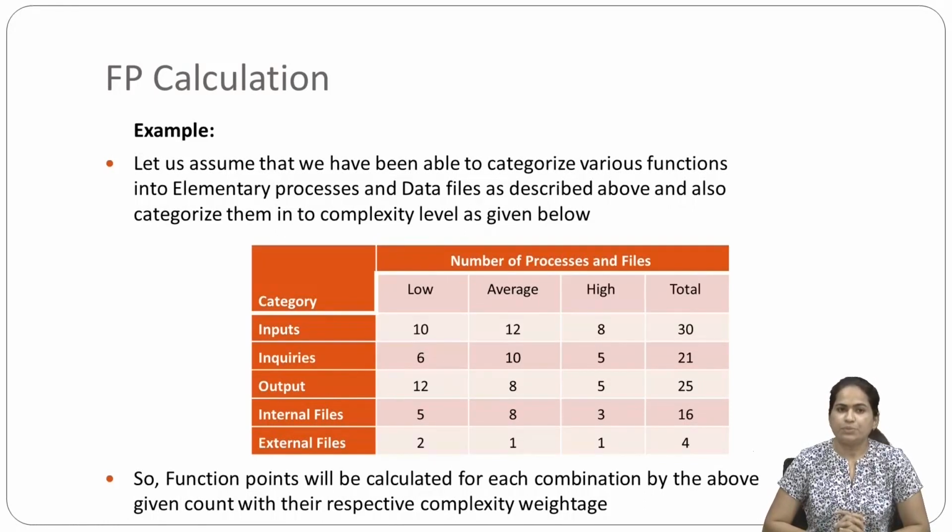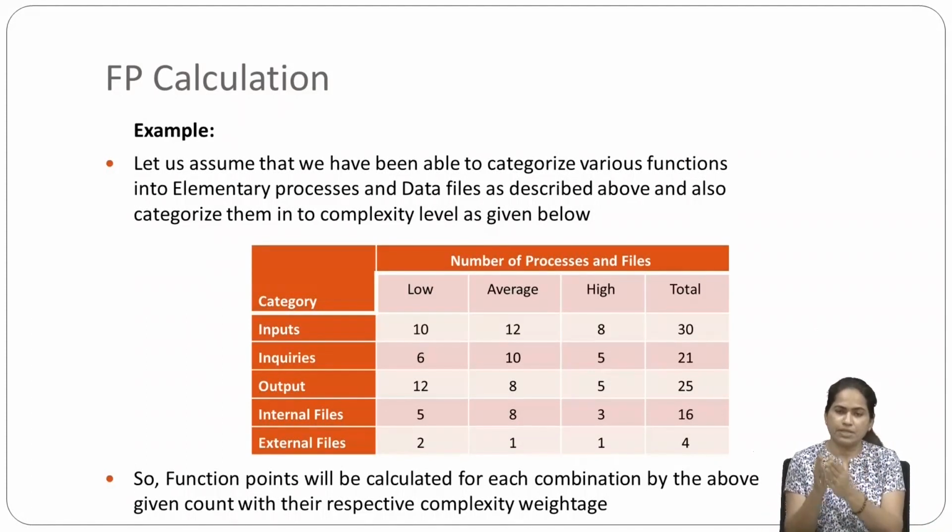Now let us assume that we have been able to categorize various functions into elementary processes and data files as described here, and also categorize them into complexity level according to this table. So here you can see inputs, inquiries, outputs, internal files, external files.